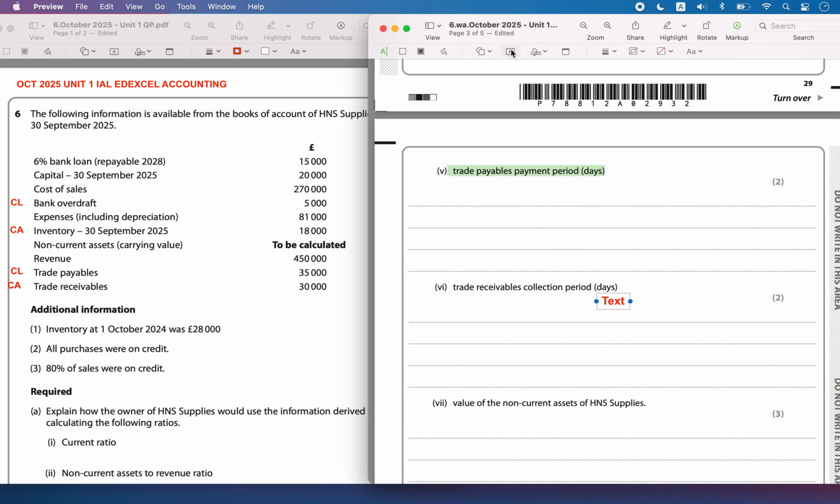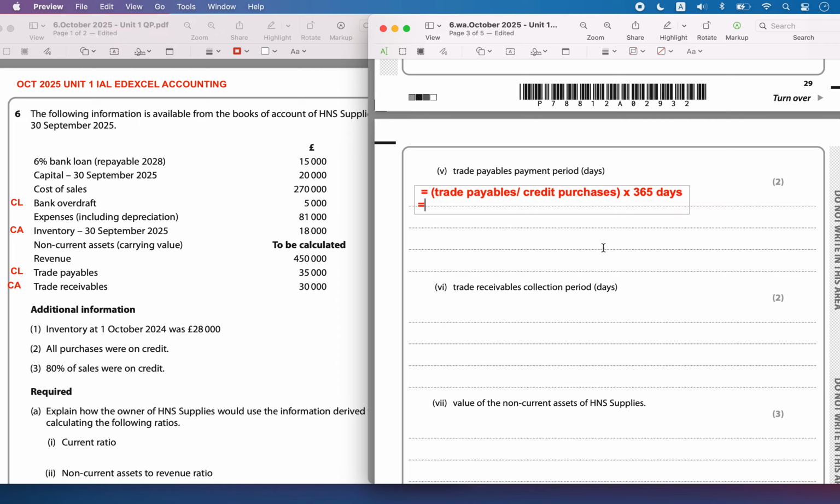Then we have the trade payables payment period in days. So that is going to be equal to trade payables divided by credit purchases, times 365 days, which is the entire year.